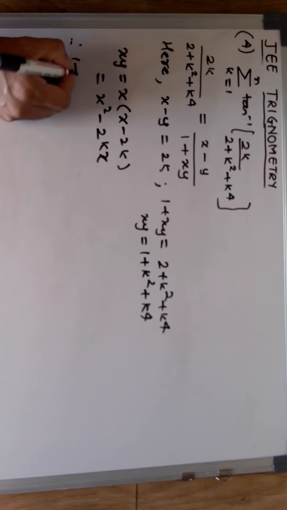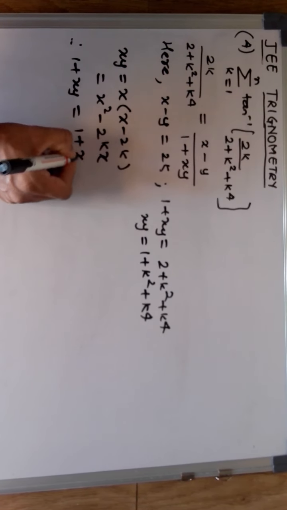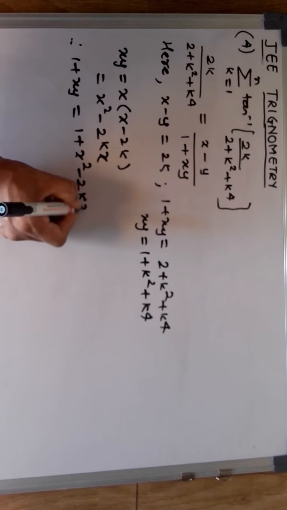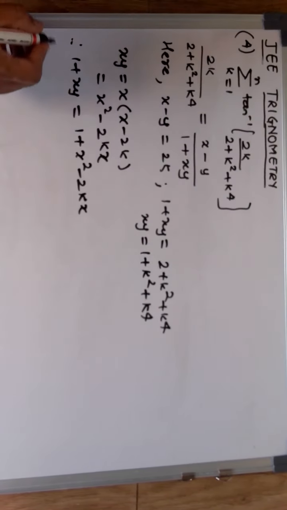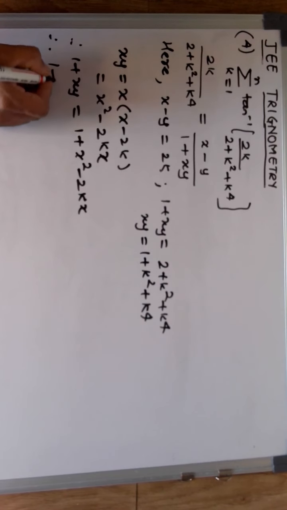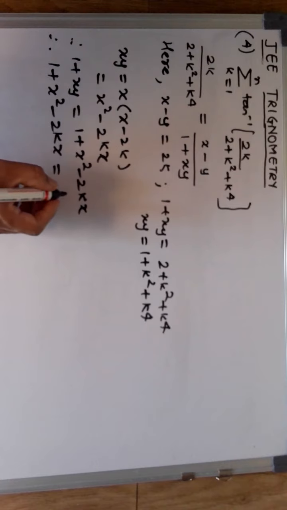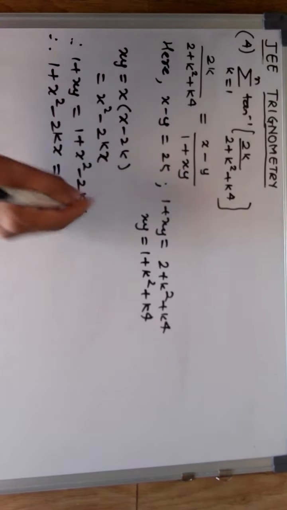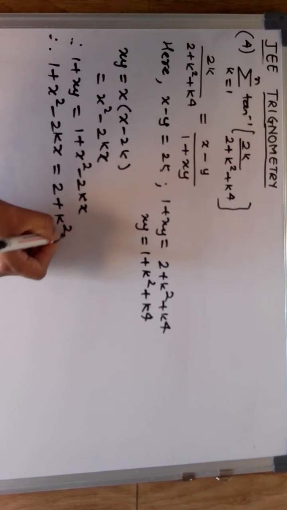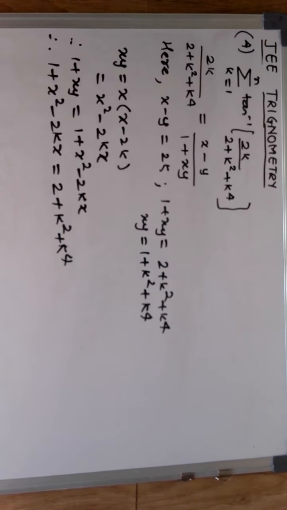Therefore 1 plus xy will become 1 plus x square minus 2kx, which is equal to this particular value. Only xy was needed, but I have rewritten it, let it be.